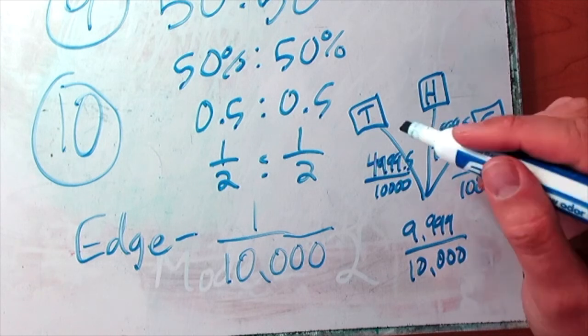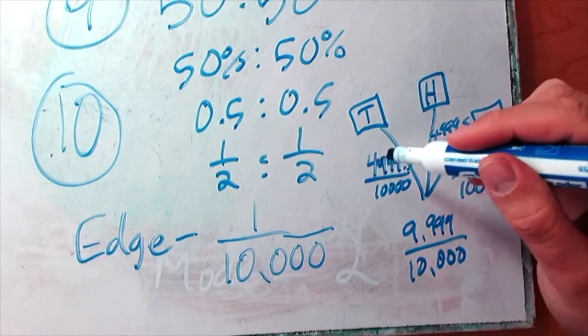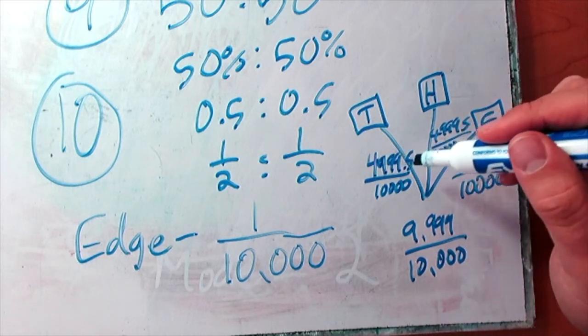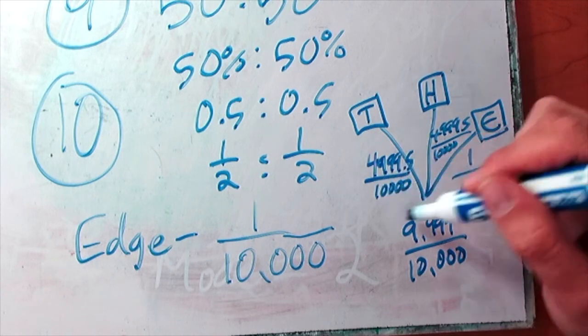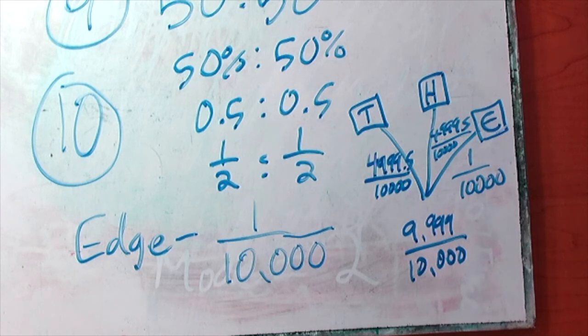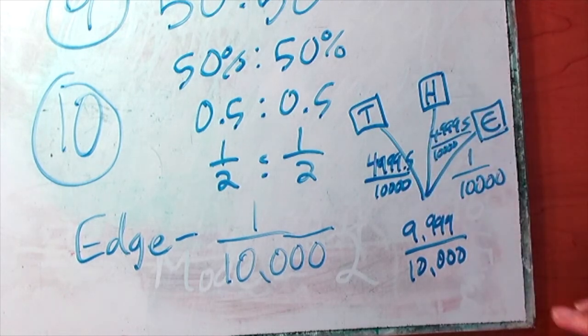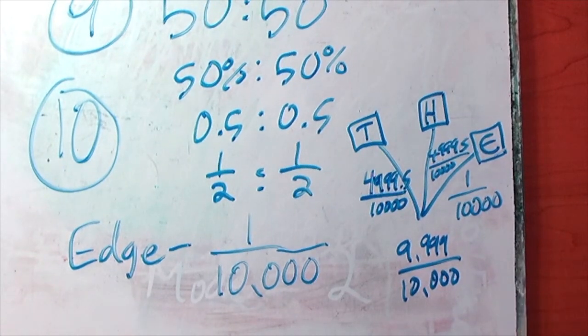And so the probability of me landing tails is 4,999.5 out of 10,000 flips. It's going to go to tails. And that one extra time that leaves space there, it goes on its edge.